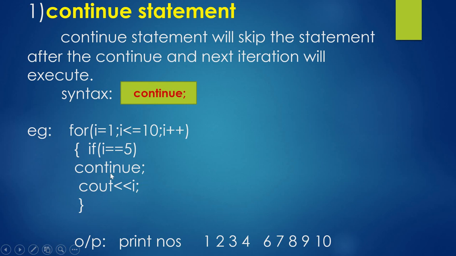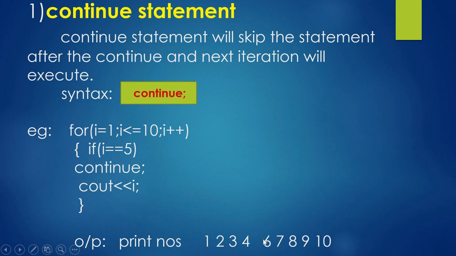Okay. Break means it exits from the loop, but continue means it skips the statement after the continue. Again it will continue the iteration. In this example it will print 1, 2, 3, 4, but 5 won't be there, because if i is equal to 5, continue skips the statement cout i, cout 5.